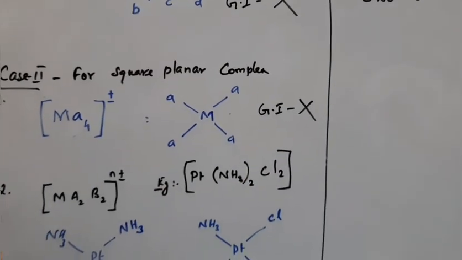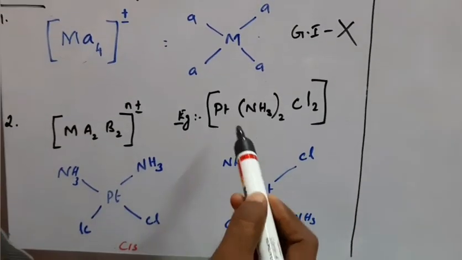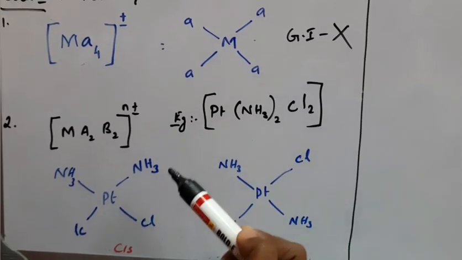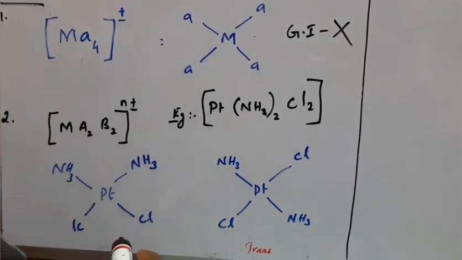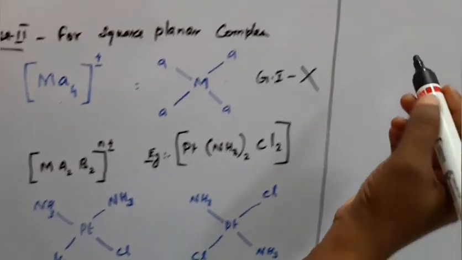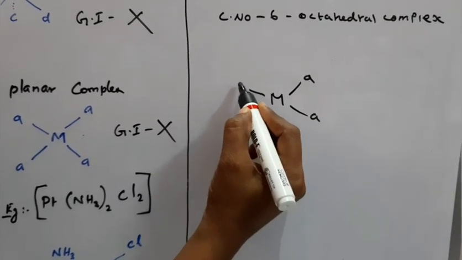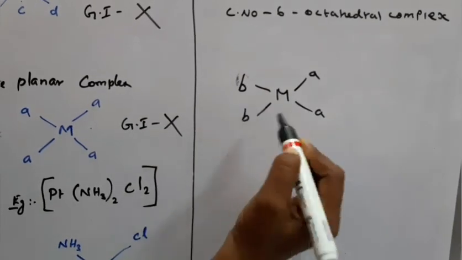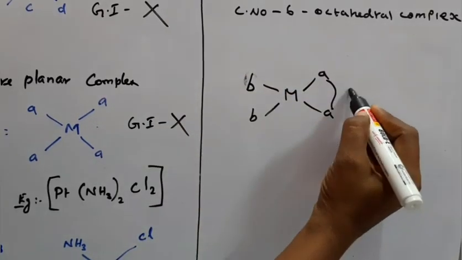Second, suppose an A2B2 complex. Let me take diamminedichloridoplatinum(II). Here I can introduce the new terms cis form and trans form. What do we mean by cis form? When, around a central metal atom, the ligands are present in adjacent positions, that is the cis form.